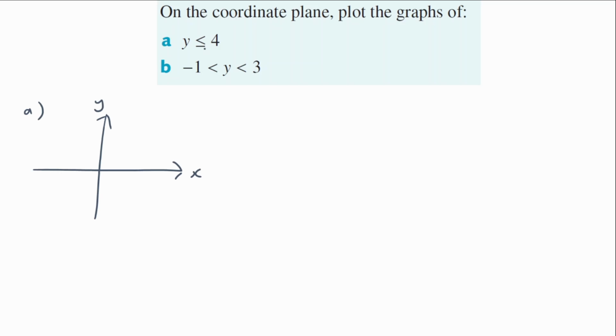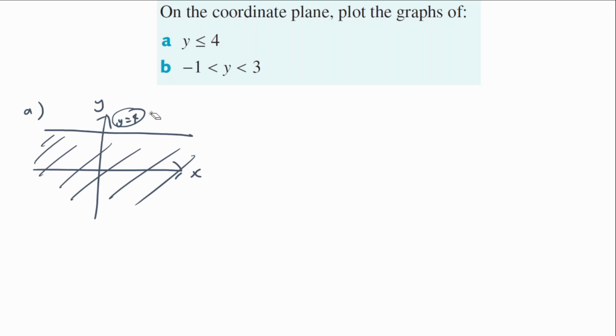Y is smaller or equal to 4, so I'm going to draw that line in, and it includes the boundary, so I'm using a solid line, and the required region is going to be below there. The key points here are stating the boundary, y equals 4, using a solid line to show that the boundary is included, and shading the required region. Once you've got those, and once you've labeled the axes, you will get full marks for this. One thing I forgot to add was the origin. Just make sure you've got the origin there too.